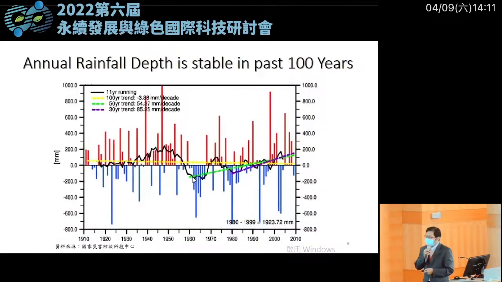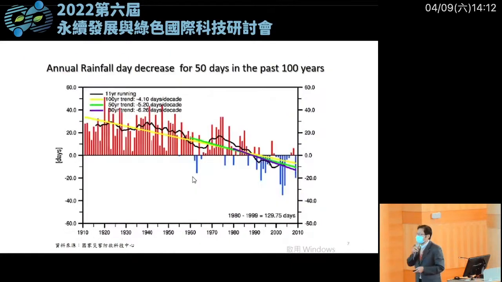You can see the past 100 years of rainfall depth. In fact, the rainfall depth is stable. It means in Taiwan, our rainfall depth in one year is maybe only 2,000 millimeters. It's stable.